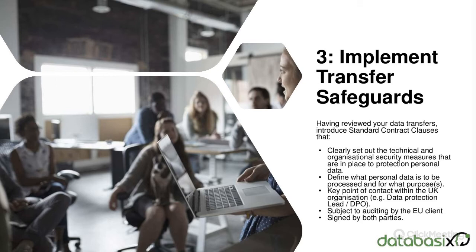Therefore, there'll be quite clear purposes for why you're processing that data. Clearly set out who your UK data protection lead is, whether it be a data protection officer or a data protection lead. You may add statements such as you will comply with audits on behalf of any of your European clients so they can check how you are actually demonstrating. So how do you comply with the accountability element of the GDPR?